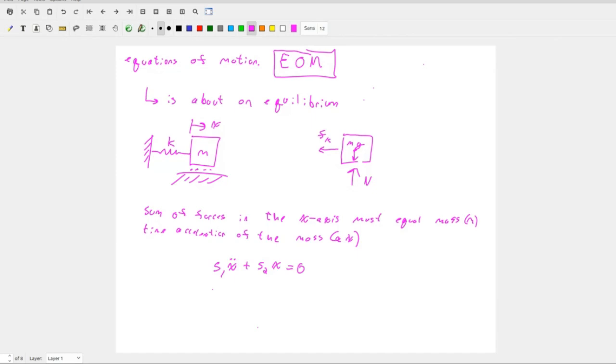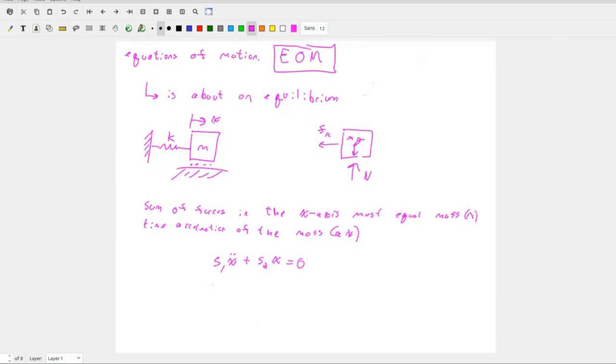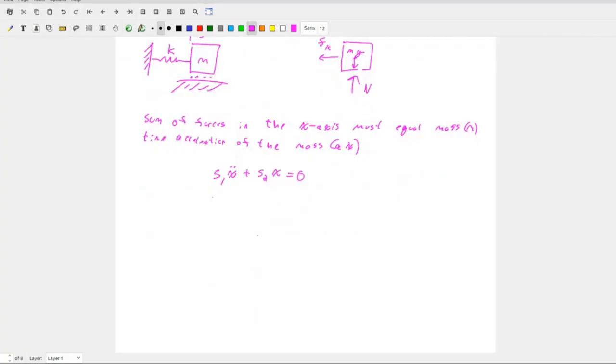Mathematically, that's what we have to have happen. We're just trading the energy associated with our acceleration for the energy associated with our displacement, which is mass and stiffness, and we'll get there. S1 and S2 are constants that need to be determined, and we can determine those from the free body diagram.